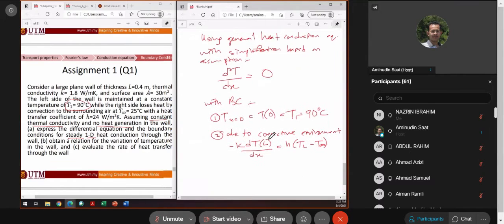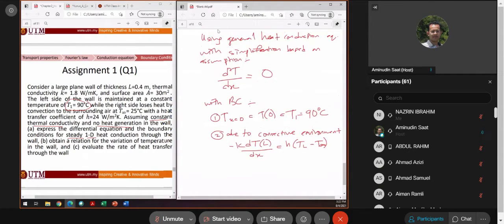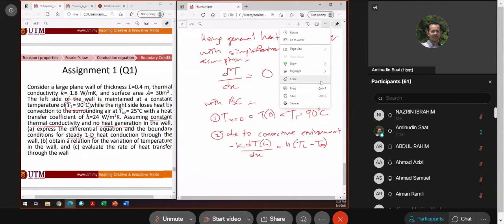Oh, I don't have any more A4 space to write this. If I can label these, you have a 1, a 2, and a 3.